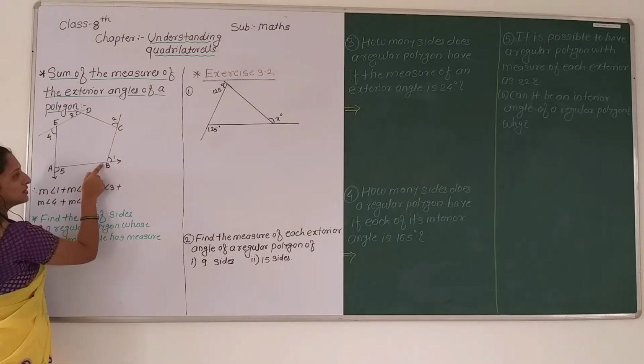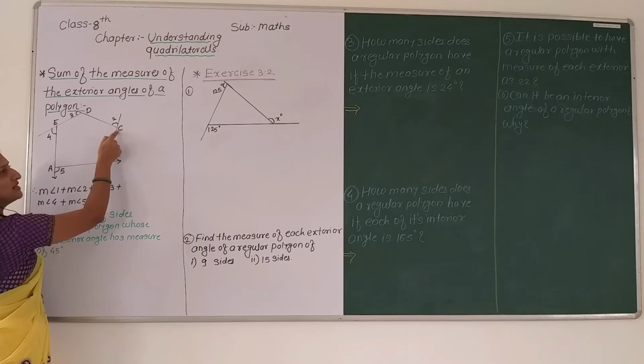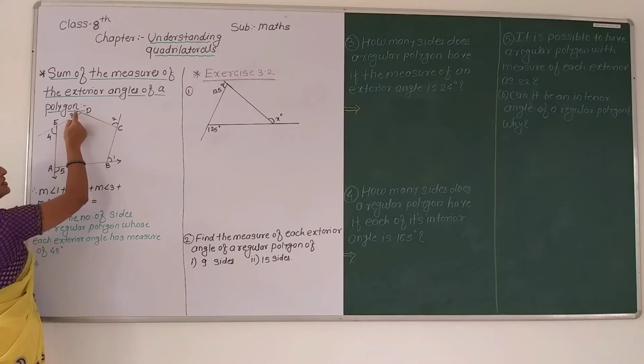So we need to turn along the measure angle 1, then walk the distance BC. Now at point C, we need to turn through an angle 2. Then walk along CD. At point D, we need to move or turn along the angle 3.